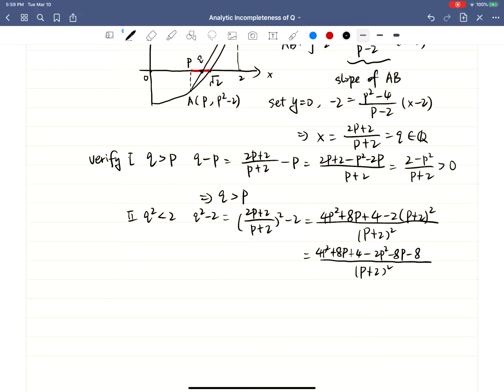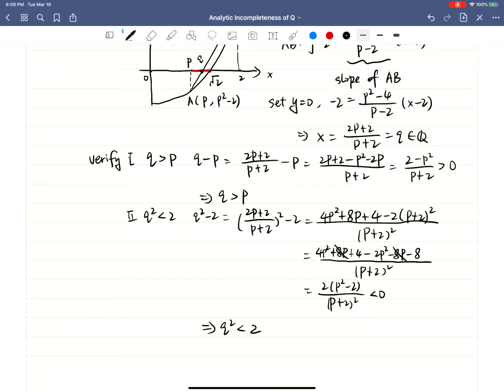And we cancel out the 8p, and we get (2p squared minus 2) over (p plus 2) squared. Since p squared is less than 2, then p squared minus 2 is negative, and negative over positive is negative. So this is negative, and so q squared is less than 2.